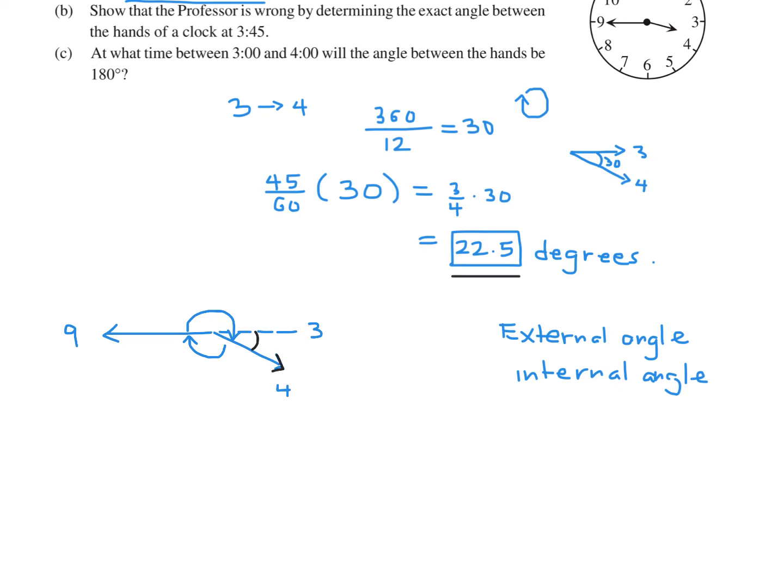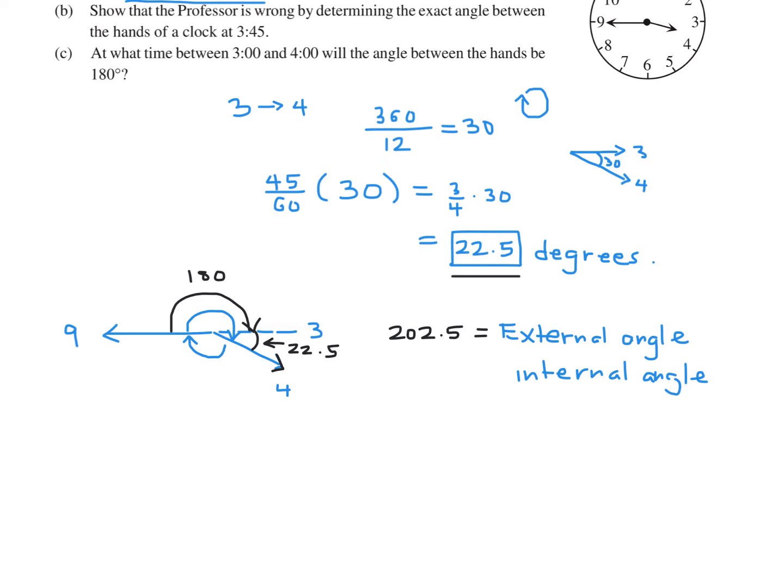Then from here to here is just a straight line across, so that's 180. So that external angle is 180 plus 22.5, which is 202.5. Correct?